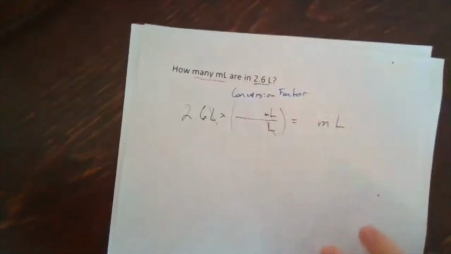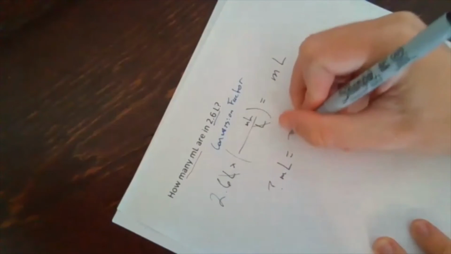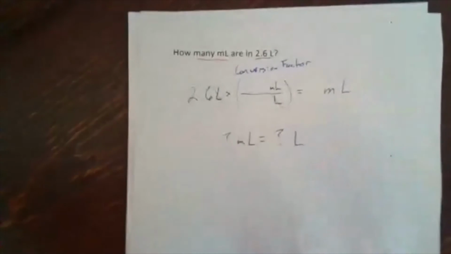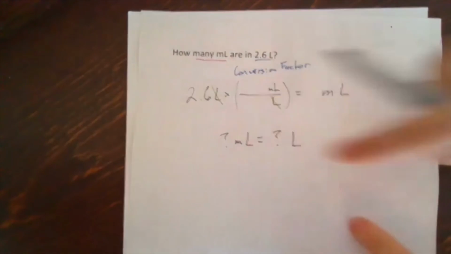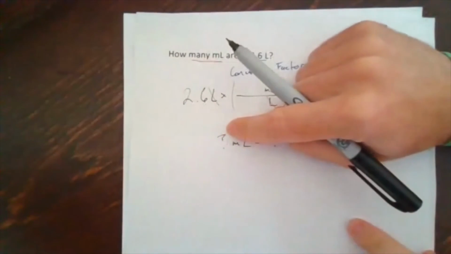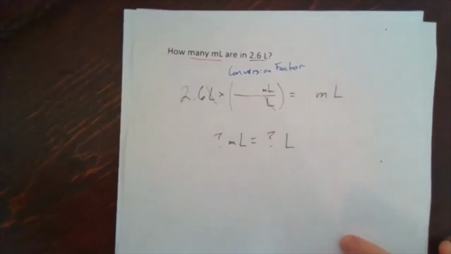And how we get that is, how do we set up an equivalence of some number of milliliters is equal to some number of liters? And that's why we spent time defining metric conversions, metric equivalences, because we can see that these are metric units, liter and milliliter.